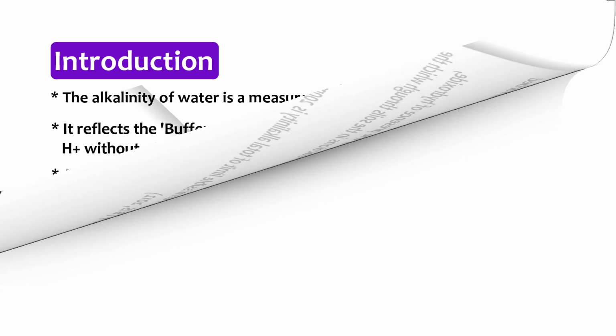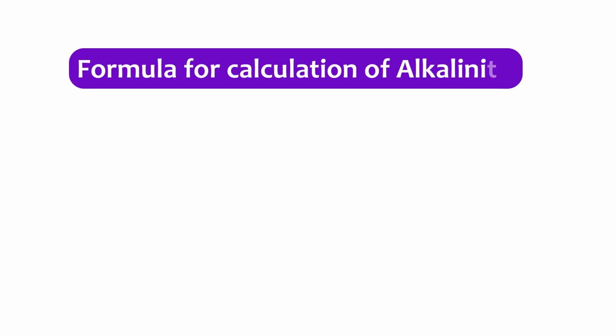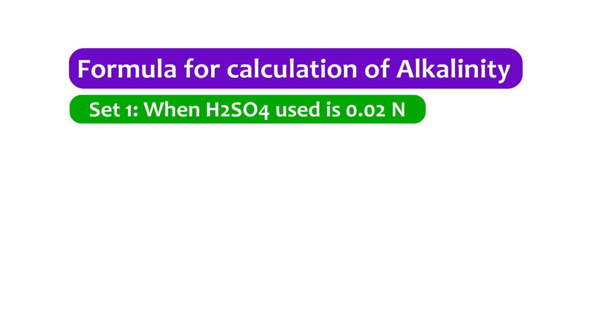Next, let's move on to stage 2. That is, we will see the formula used for calculation of alkalinity in any water samples. For your information, there are two sets of formula used for calculation of alkalinity.